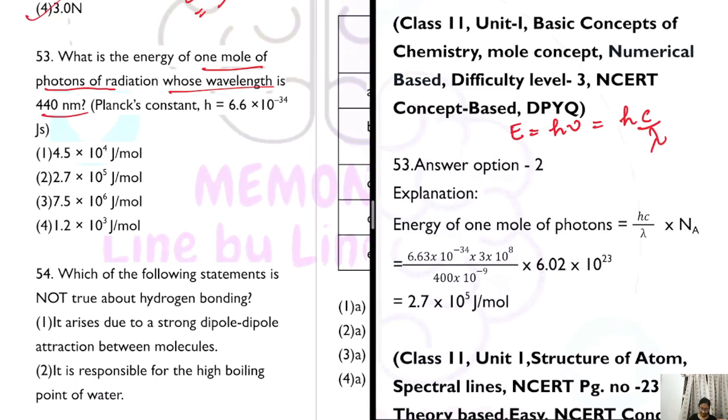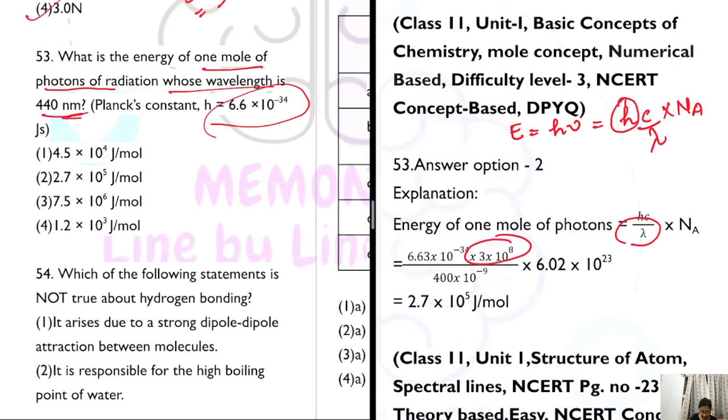And if we need to find for 1 mole, then we'll multiply by Avogadro's number. So we know the value of Planck's constant, that is 6.6 into 10 to the power minus 34 joule second, and we know the speed of light, that is 3 into 10 raised to the power 8. Okay, so lambda is already given.